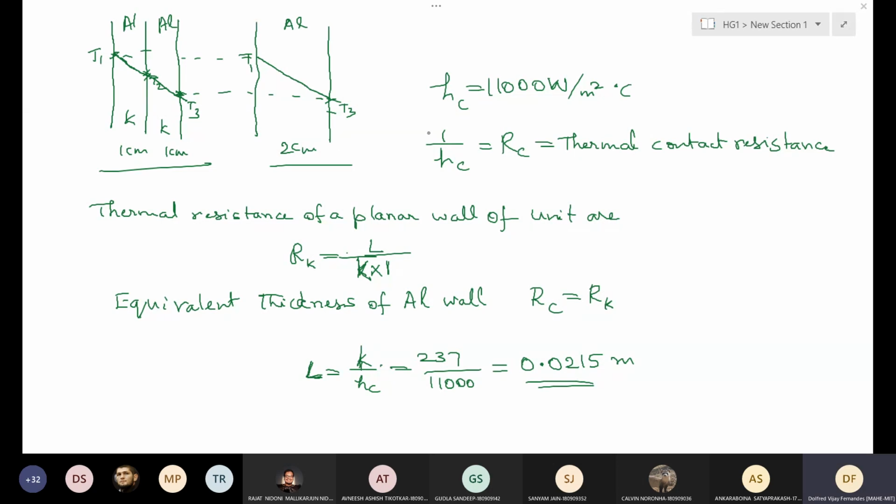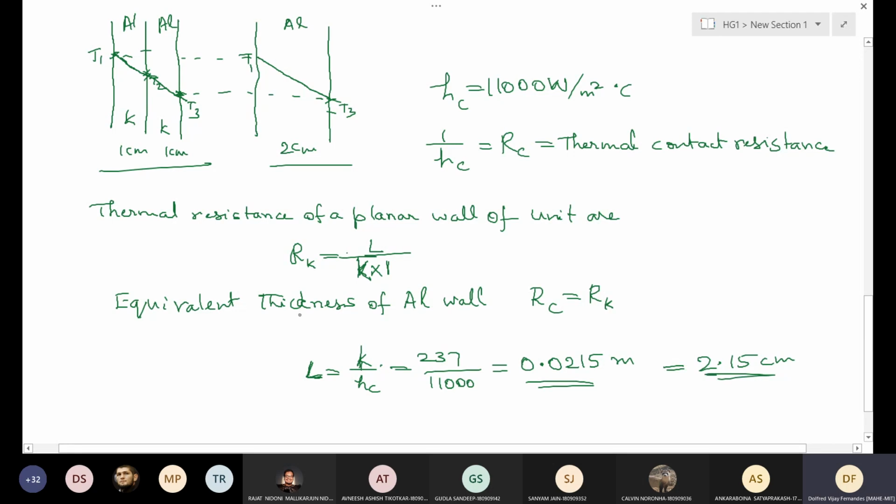You got it right. So sir, what we are doing? We have a contact resistance value given, and we are equating that to a planar wall of unit area, and then we are finding the thickness. So the value is correct, right? 0.0215 meter, or it is 21.5 millimeter, or 2.15 centimeter.